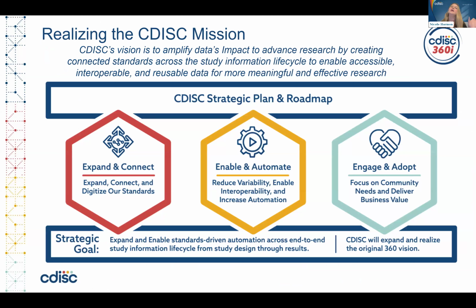Our goal is to really take those standards and ensure that the data flows directly end to end from protocol through analysis through submission. So as we think about what is needed in the standards as they stand today, we are really doing everything we can to enable and automate and connect those standards all the way down to ensure that there are no gaps in the data as concepts and terminology flow all the way through the data life cycle.